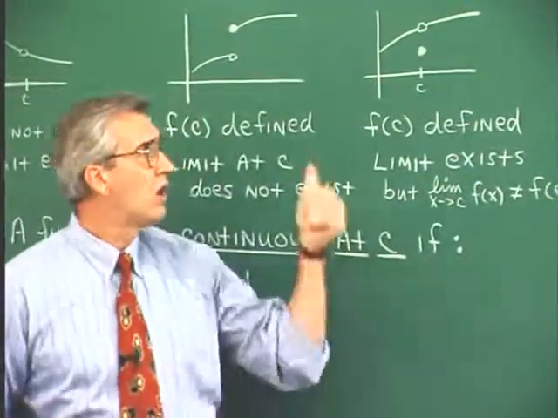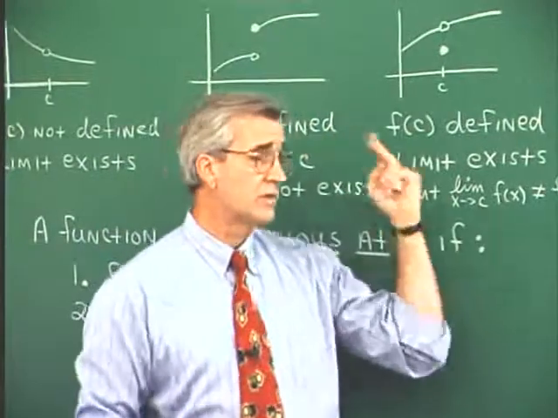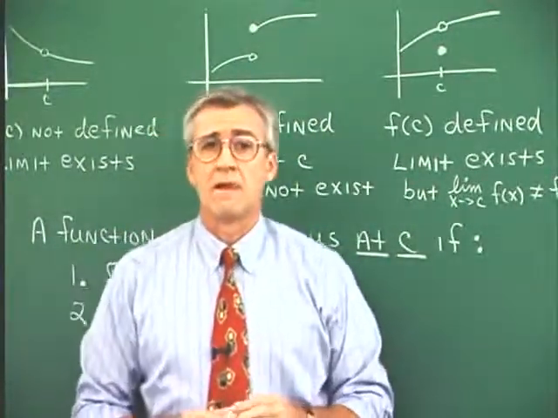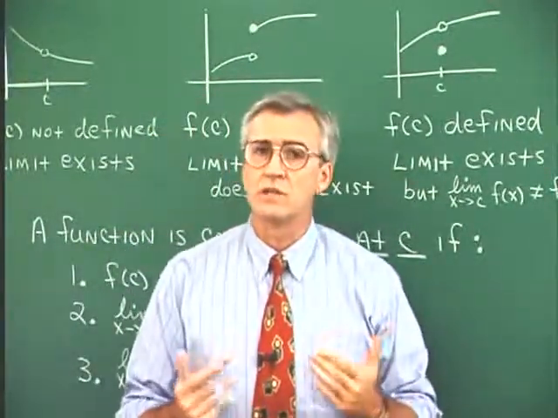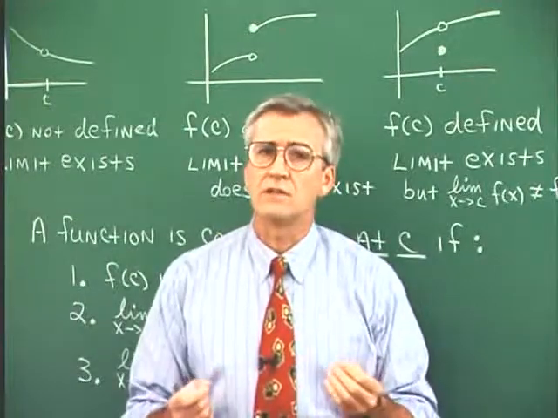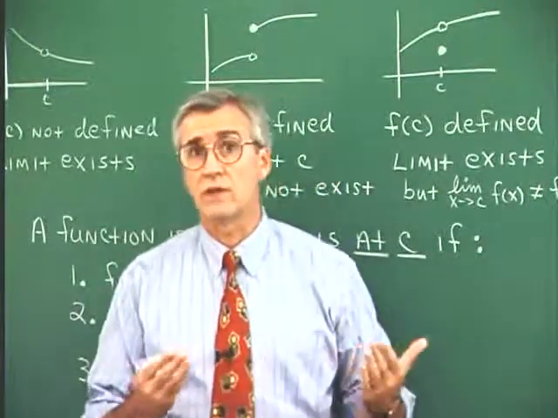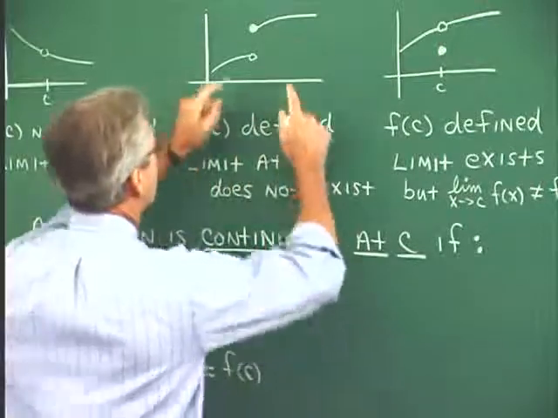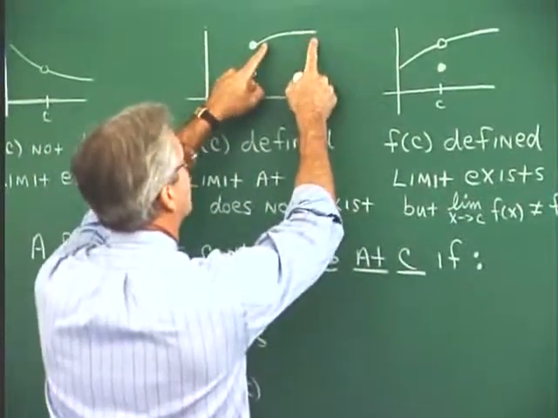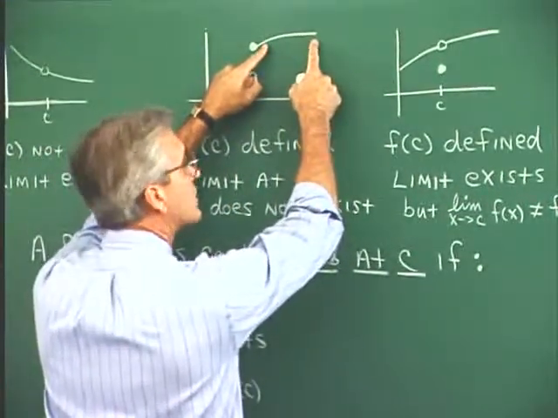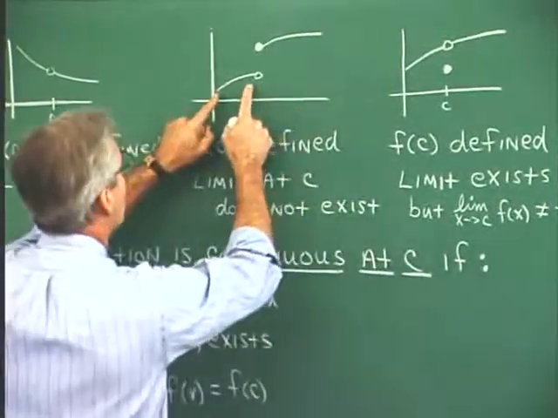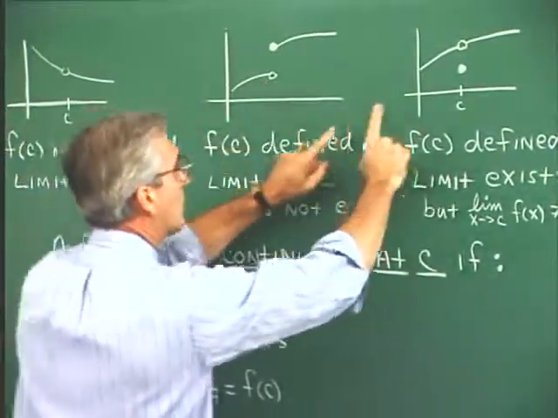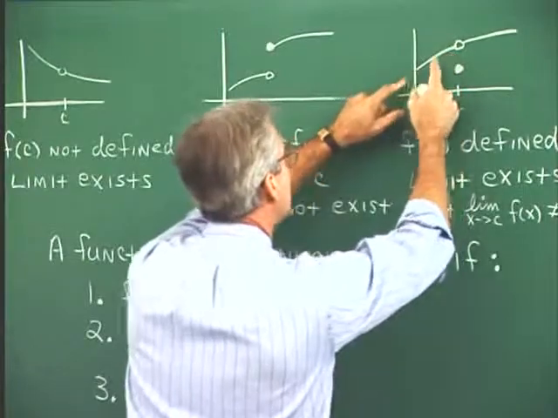Now, although none of these graphs, functions are continuous at c, we can say, though, that they are continuous at other points. That is, on intervals, on this interval, for example, this graph is continuous. On an interval over here, the graph is continuous. On an interval over here, the graph is continuous, and so on.